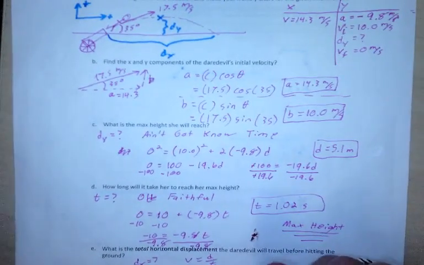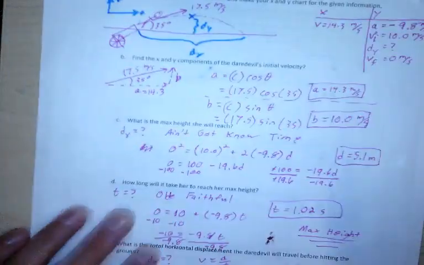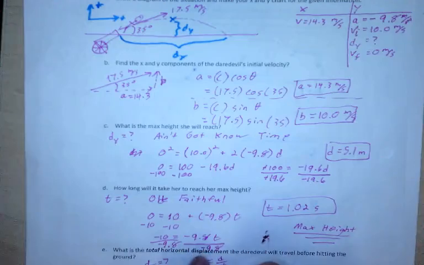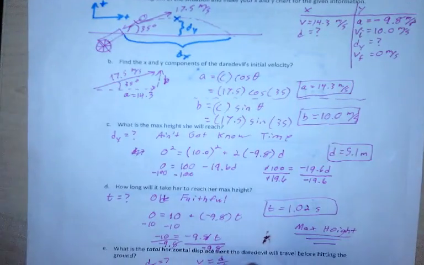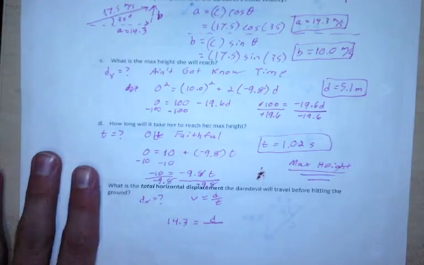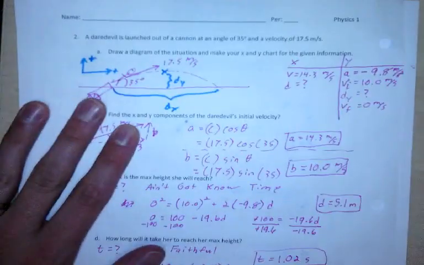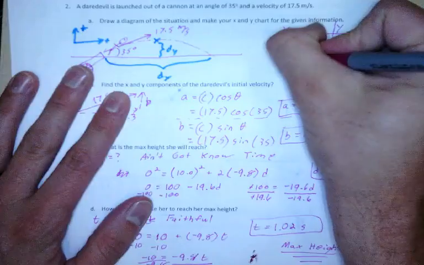So the v we need to use is the x velocity, 14.3. The d I'm solving for is the x displacement, so that's going to be this one. But remember that the time I need is the total time. Well, I have the time to get to the max height, which is half of the time. So the value I'm going to use for time is 2.04.